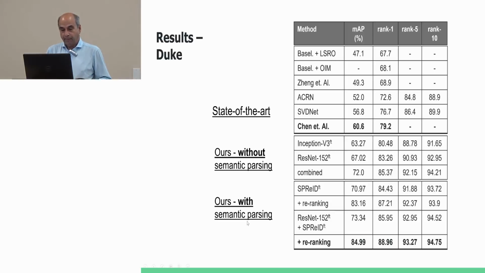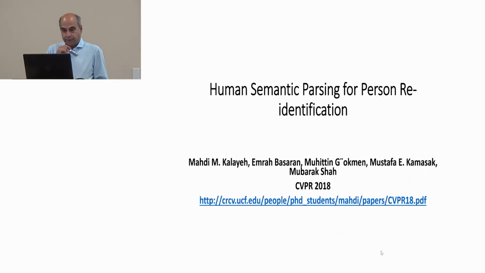But when you combine the semantic segmentation, we get pretty good results. A big improvement, as you see, with re-ranking. So this is one application of deep learning for the human re-identification problem using human semantic segmentation.